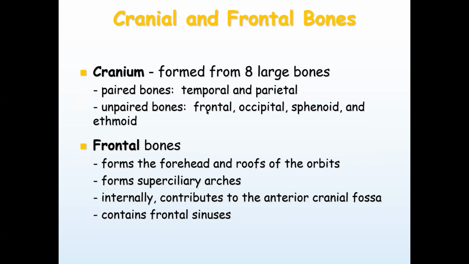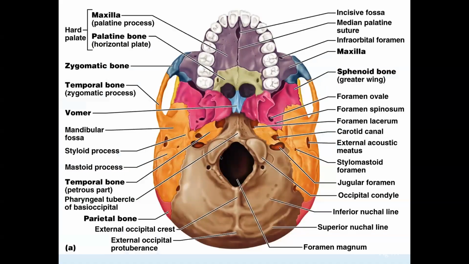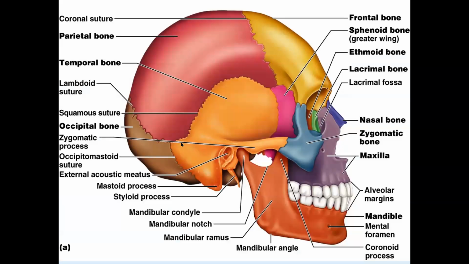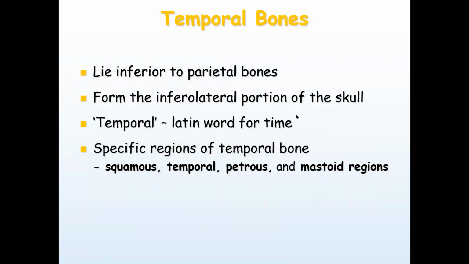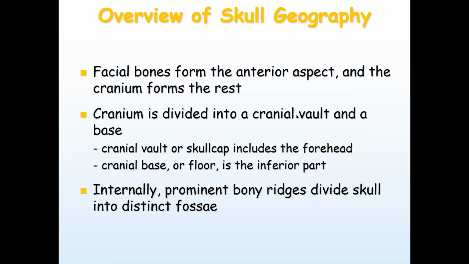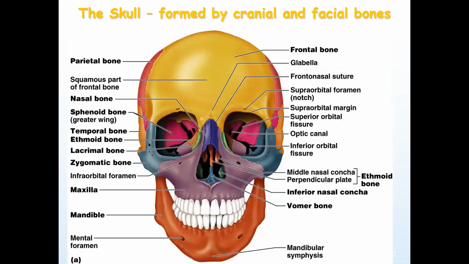So we mentioned the frontal and occipital. All right, we need to mention sphenoid and ethmoid bones as well. These are a little bit harder to spot because they're more on the inside, okay? Now the sphenoid bone is inside the skull, basically, right?